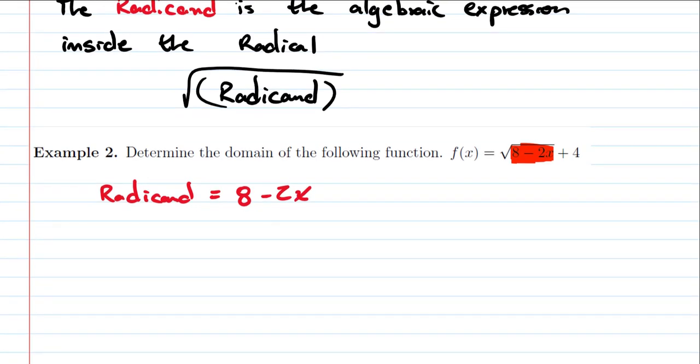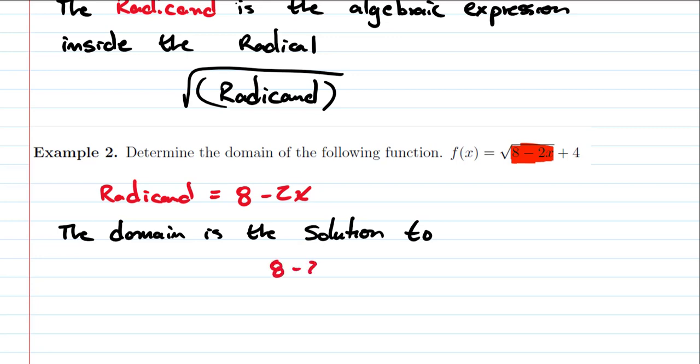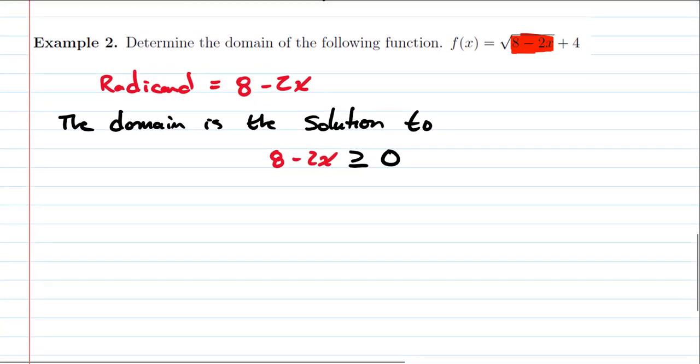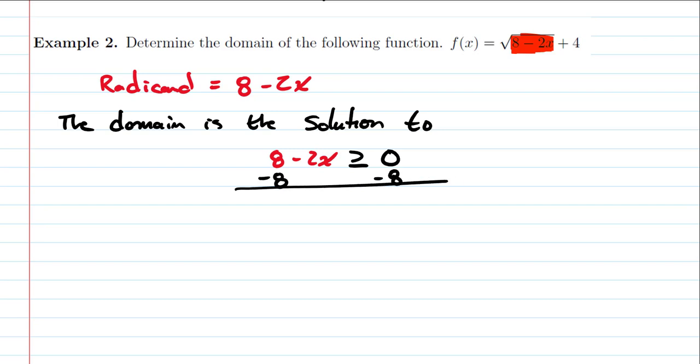And the domain is the solution to the inequality 8 minus 2x is greater than or equal to 0. So then we minus 8, we minus 8, and we get negative 2x is greater than or equal to negative 8.